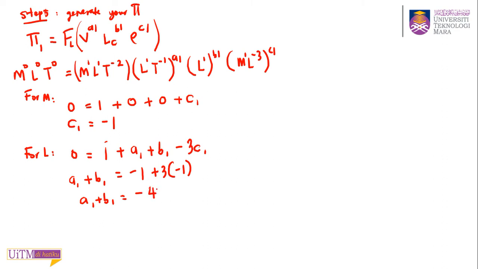Right? But we don't know yet because we have two unknowns, A1 and B1.